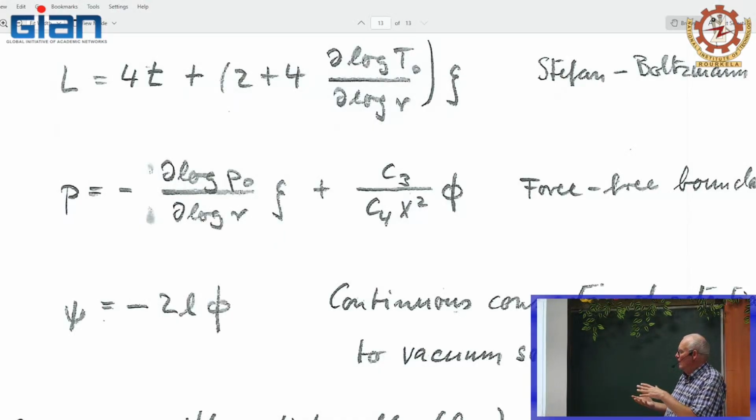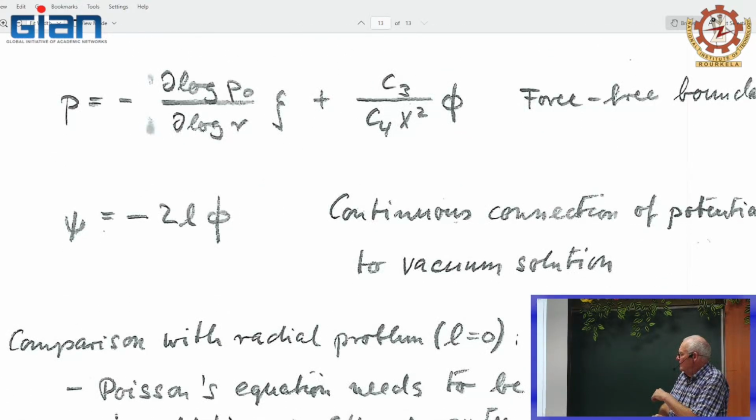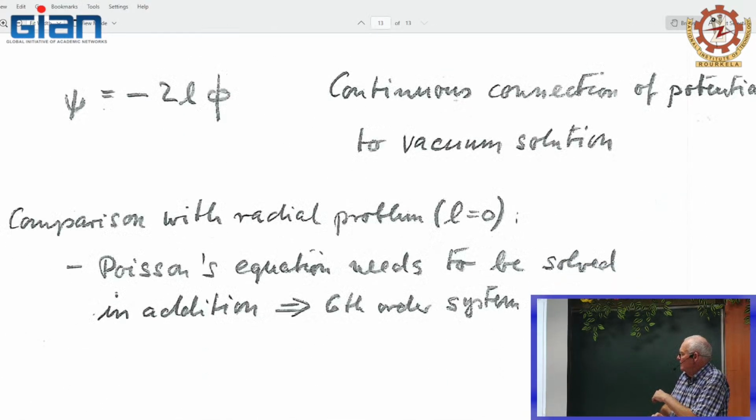We now have a sixth order boundary eigenvalue problem, very much like the one for the radial perturbation, with 3 boundary conditions at the center of the star and 3 boundary conditions at the surface of the star. Okay, what is different once we compare it to the radial problem, which is the case L equals 0?